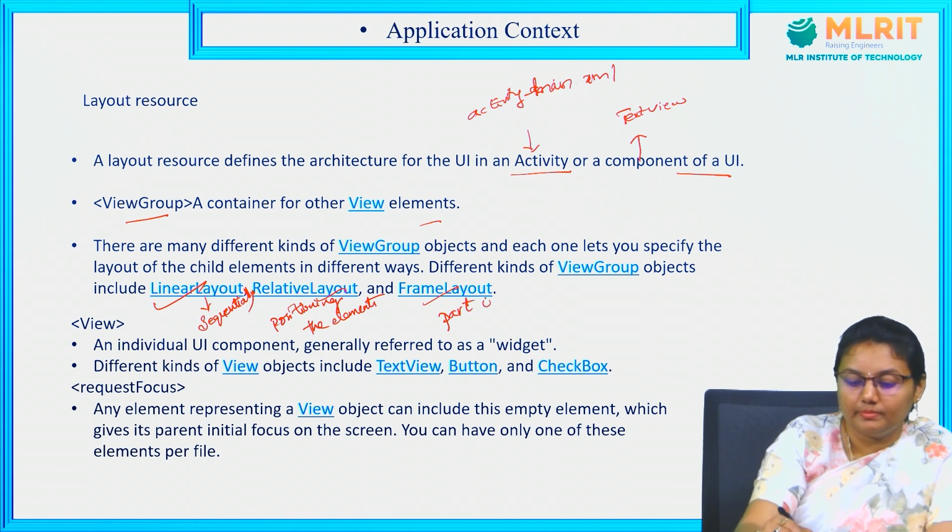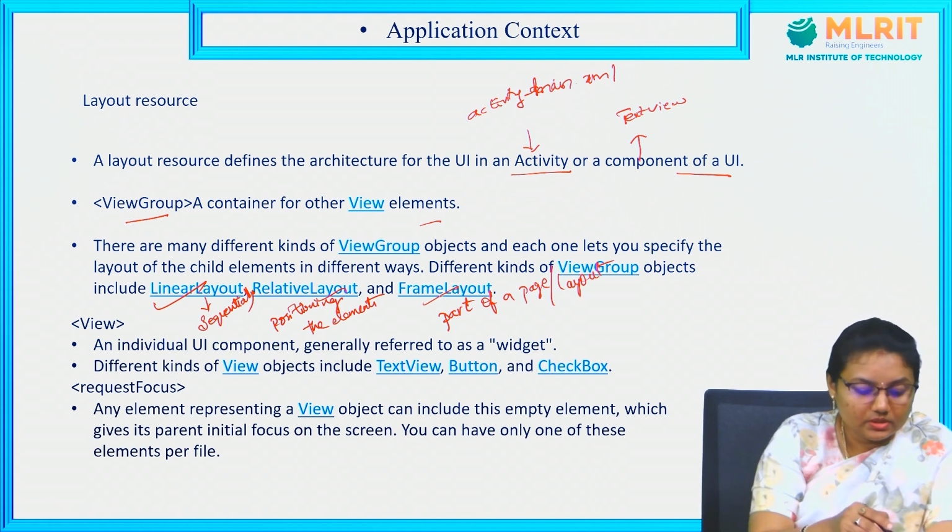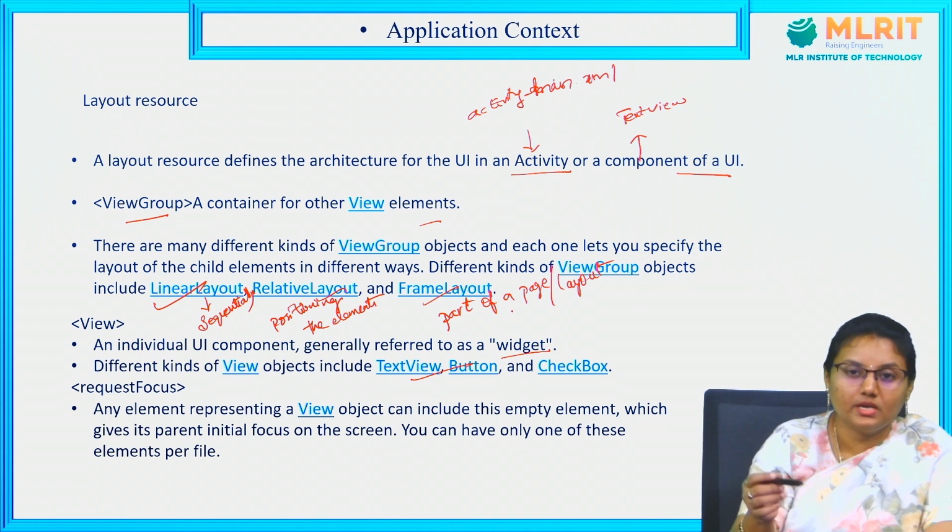Part of a page or layout is nothing but your frame layout. A view is an individual UI element, which is referred to as a widget, and that widget may include different components, or you can also include different layouts.